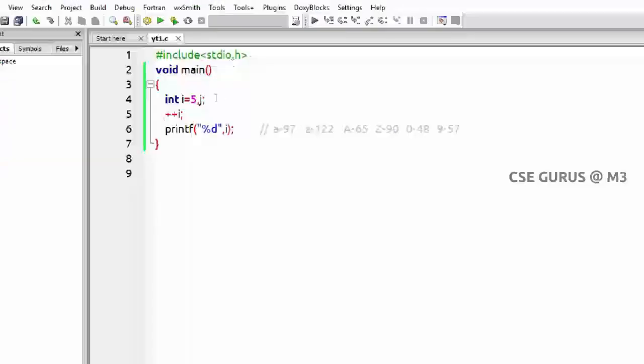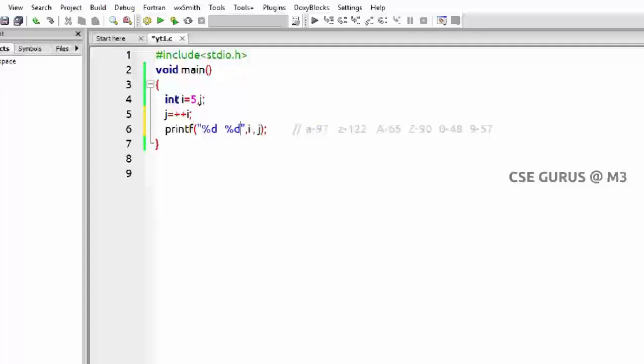Now the thing is, you feel like both are the same? No, mostly not. We'll see the difference. I'll write j equals plus plus i, and print what is i and what is j. Here i equals 5. Then plus plus i is a pre-increment.